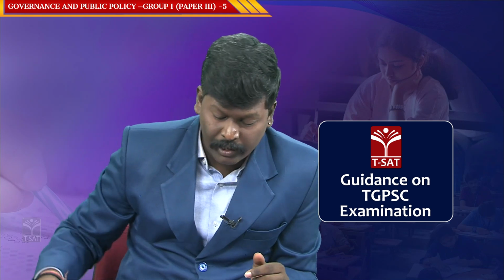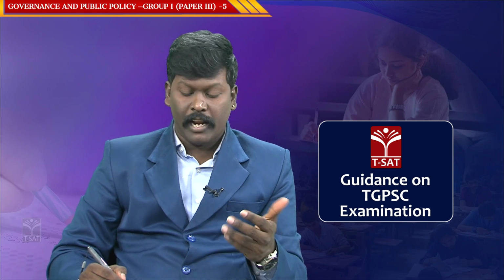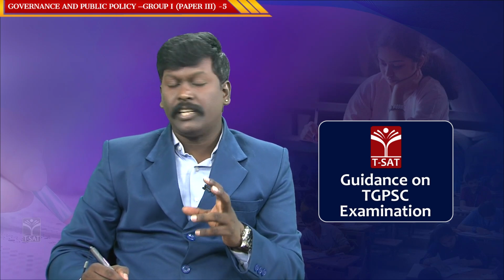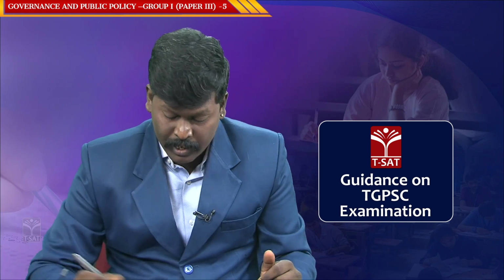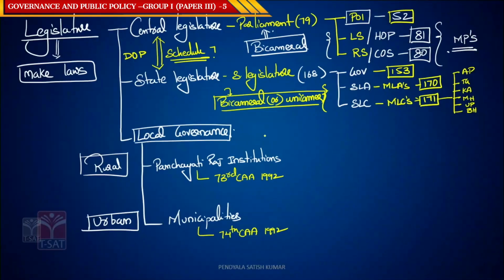Let's come back to local governance. Local governance was added later on. This is not part of the original constitution. It was added by the 73rd Amendment Act and 74th Amendment Act. The Panchayati Raj institutions are discussed from Article 243 to 243O.